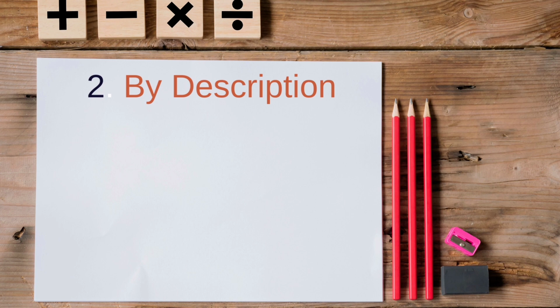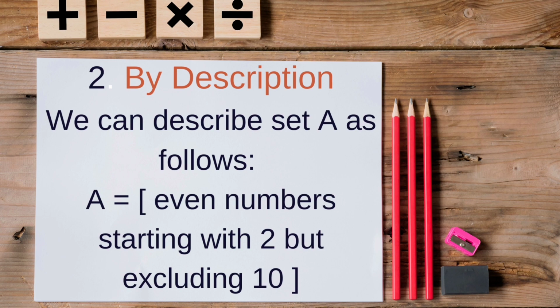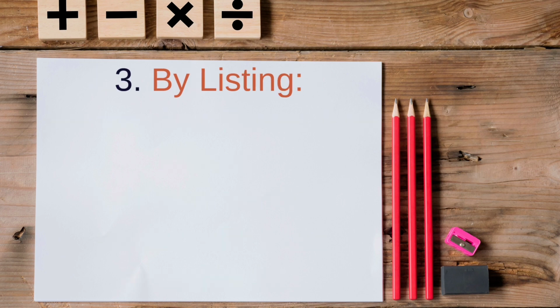Another way a set can be presented is by description. This simply means that we describe the elements we expect to see in the set. We can describe the set A as follows: A being even numbers starting with 2 but excluding 10. Moving forward, a set can also be presented by listing.